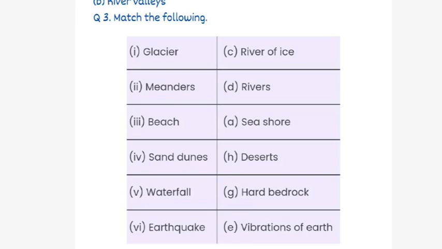Sand dunes. In front of that write deserts. Fifth is waterfall.